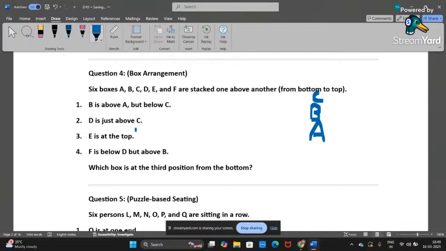Then D is just above C. E is at the top, right? F is below D, but above B.